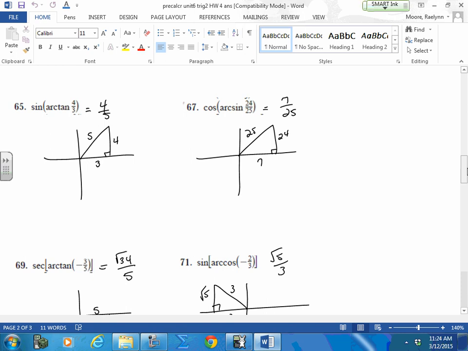So, I go to my parentheses first. It says you have a restricted tangent. It's positive, so it's in quadrant 1. Tangent is y over x. Find your r, so that now you can find me the sine of this thing. I have a restricted sine. I'm restricted positive in 1. Find me the cosine of this side.